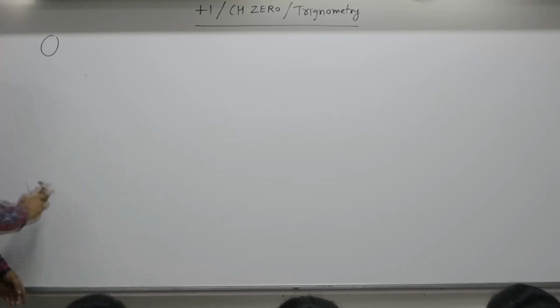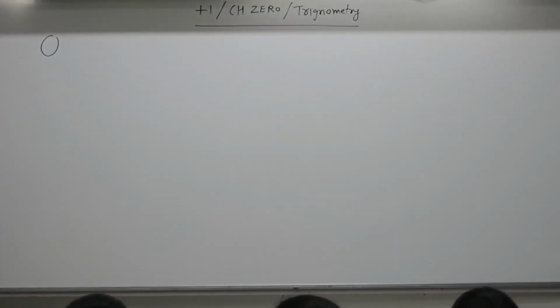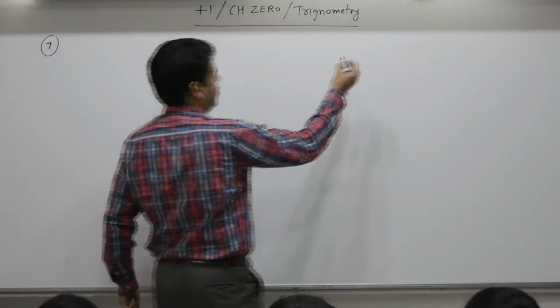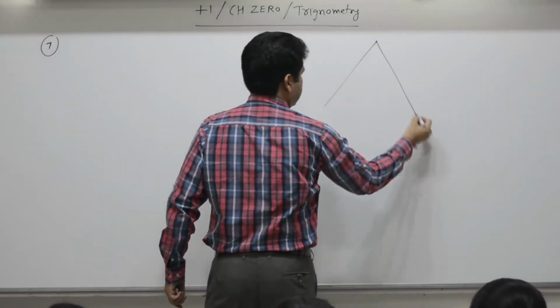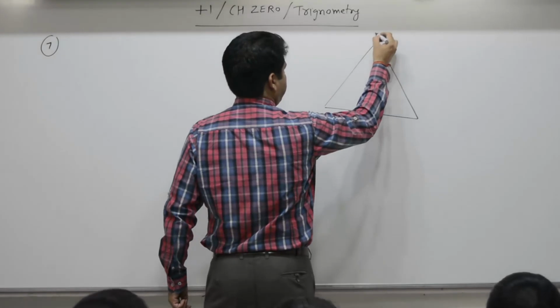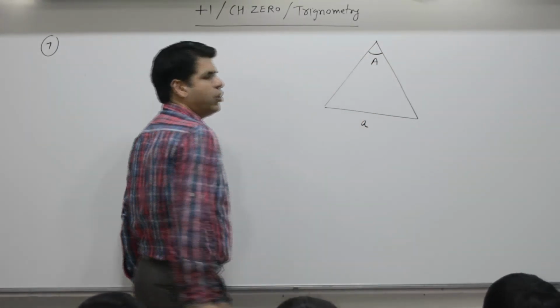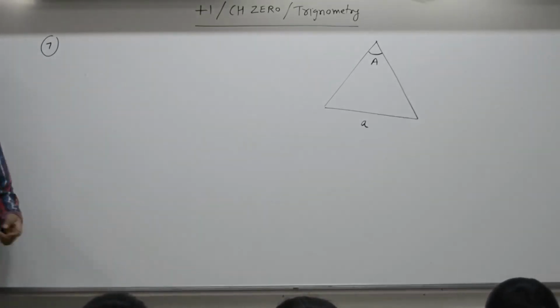Last point. In a given triangle, let this angle be A and the opposite side is small a. Angle is capital A, side is small a. Draw the diagram.